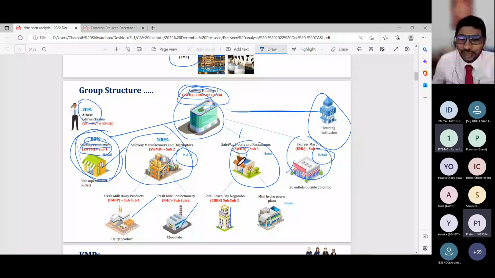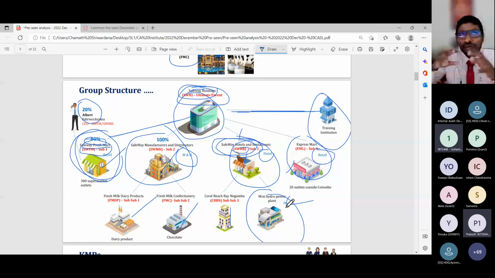Initially there was a project they planned in Haputale, but it was postponed due to COVID-19. Now they have a different plan to go ahead with this mini hydropower plant. They are going to relook at that project, completely change it, and go into a new business segment, which is power and renewable energy, right? So that is the group structure at the moment.